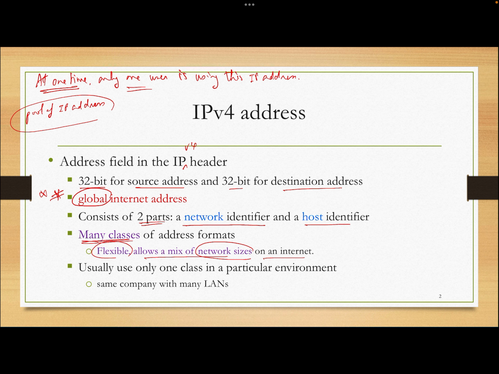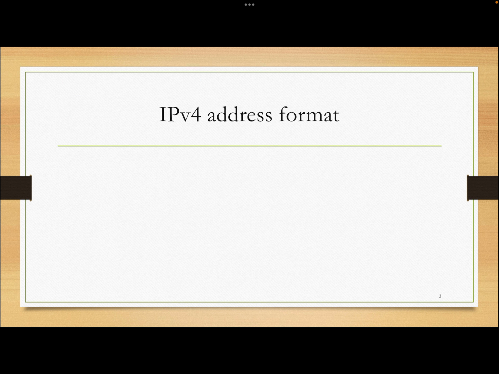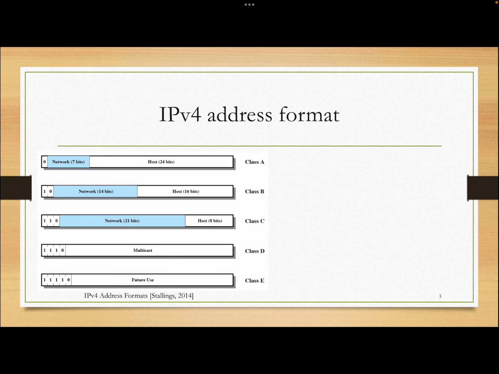Usually you use only one class in a particular environment, so if you have the same company with many LANs, you will use the same class. Now let's look at the classes. The important ones are class A, B, and C, which we will talk about today. Class D is multicast, and class E we are not using.